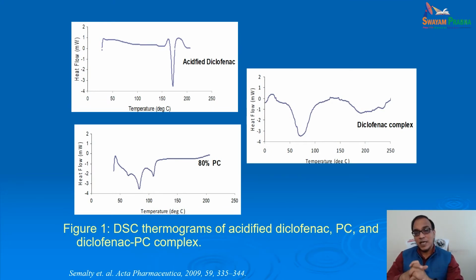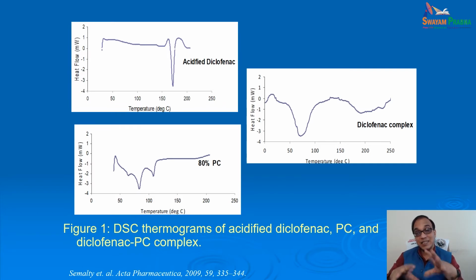DSC, the differential scanning calorimetry. DSC, the thermal analysis, we did that for the acidified diclofenac, and the temperature was, we can say, around 170. An endothermic peak was there, and in 80% PC you can see the triplet of peaks, and in the complex, the thermogram was completely different, and there was a removal of the peak of the drug in case of the complex.